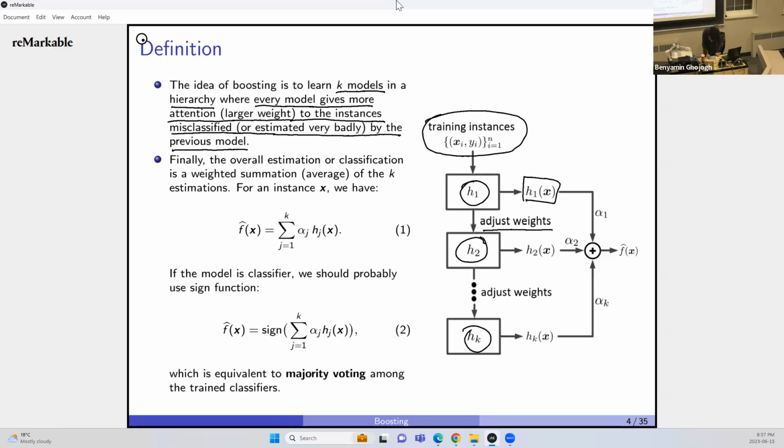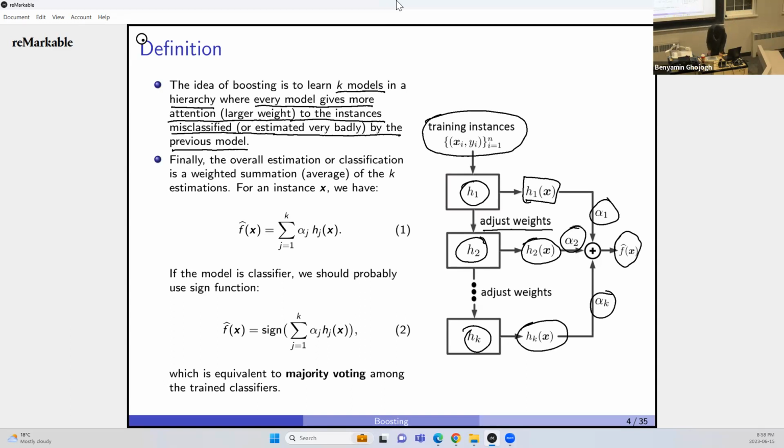So this is the estimation of H1 for input X, estimation of H2 for input X, until the end. Then we have a linear combination of them by some values, alpha 1 to alpha K. We sum them, it gives us F hat of X. As you see, it's kind of a model averaging again, similar to what we had in bagging, but in another way. Now we have a hierarchy.